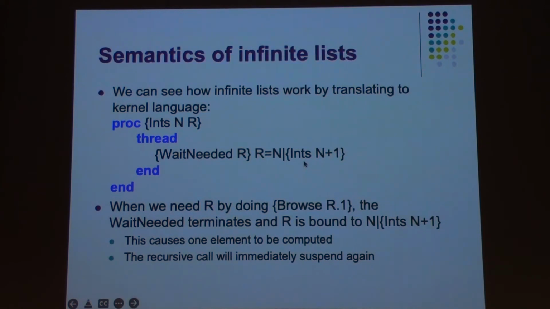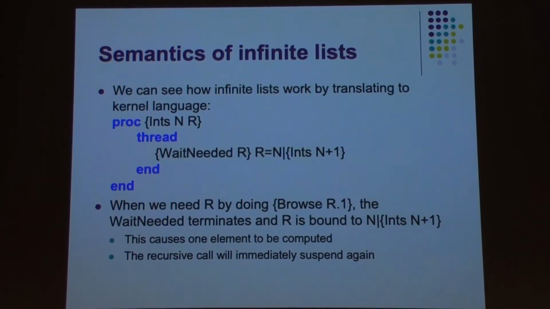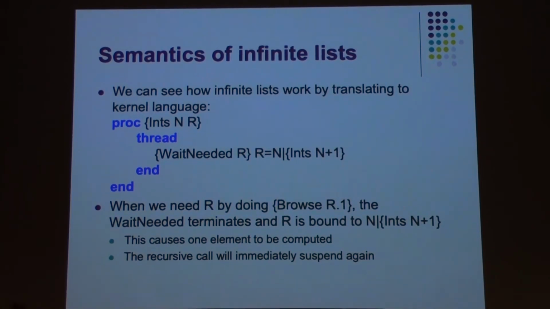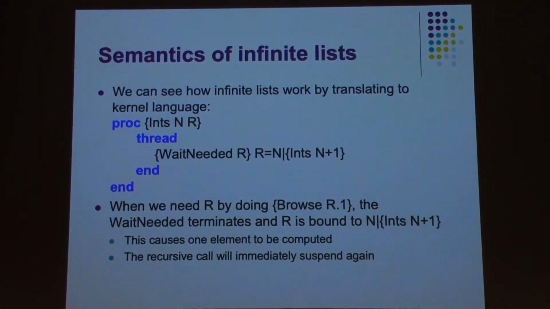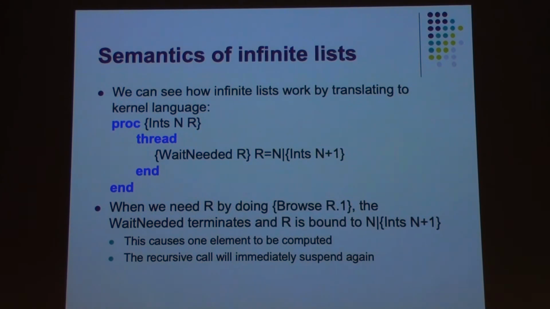So if you do browse of r.1, the dot operation needs r. The wait needed will terminate, will continue, and r will be bound to n or 1 bar ints of 2. Okay? And what happens is, one element is computed, but there's a recursive call here. But this recursive call is also lazy.